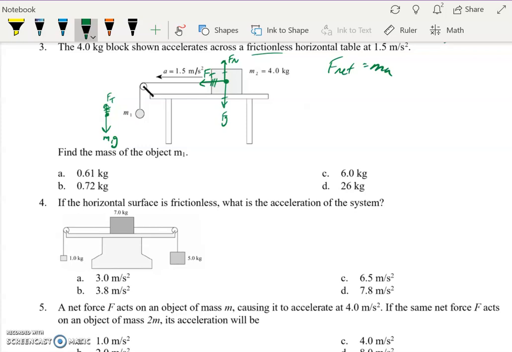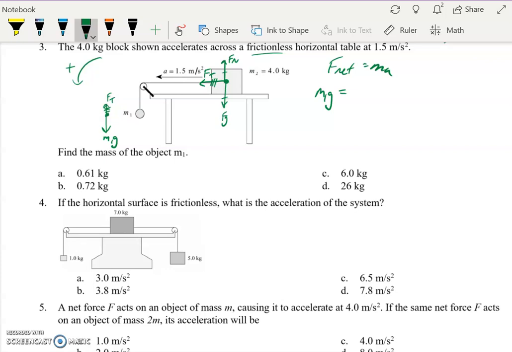So that means when we're doing our net force equation, we can just look at the forces, or force, that is in the direction that this thing is moving, right? So positive direction is over the pulley and down. So we really just have M1G pulling down in that direction and nothing opposing it. So M1G is our net force on the system.